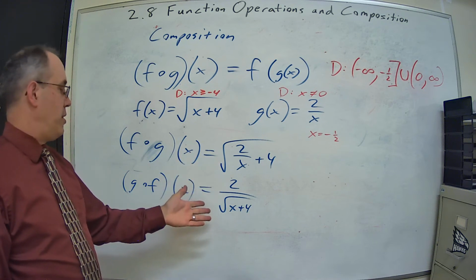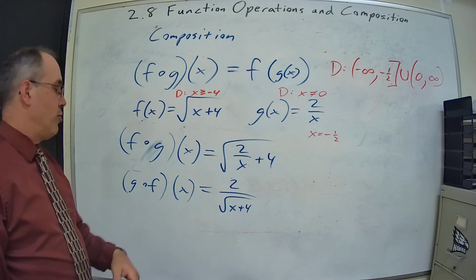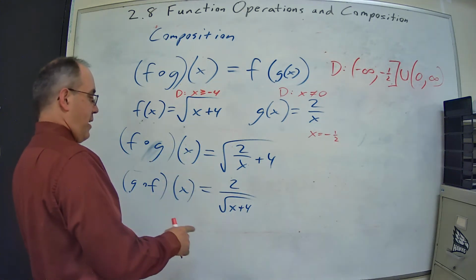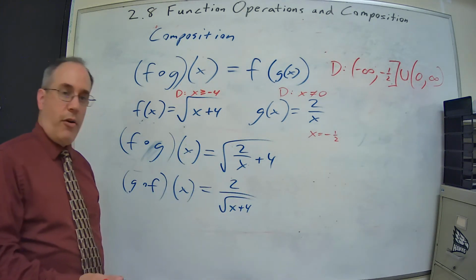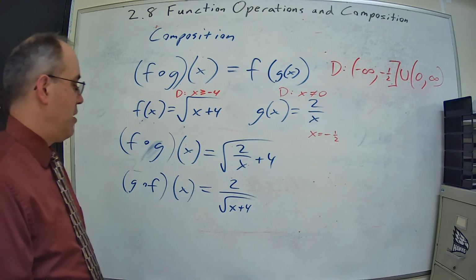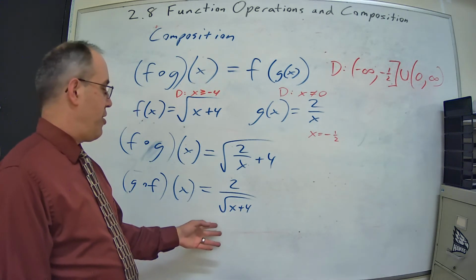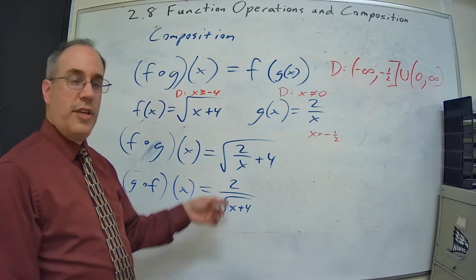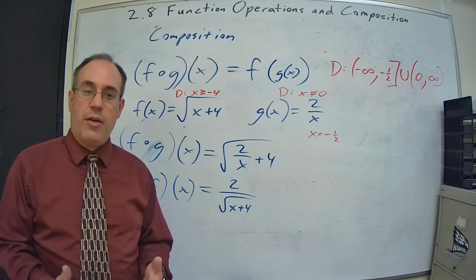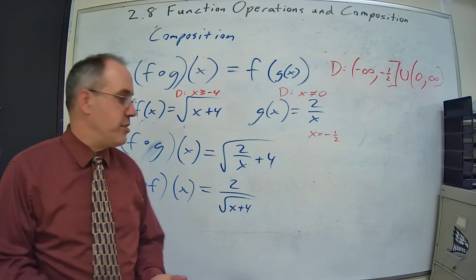For this one, what do we run into? Well, g of x cannot be equal to 0. So is there any value here that's going to cause this function to be equal to 0? Well, if you take 2 and divide it by any number, there's no number that can turn it into 0.